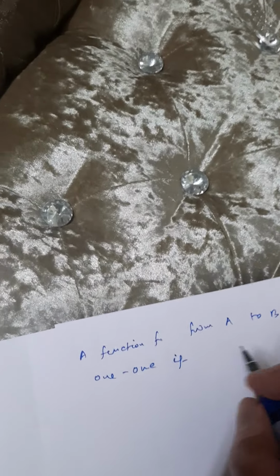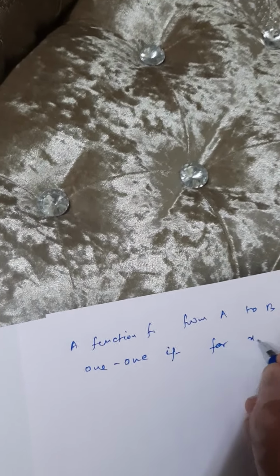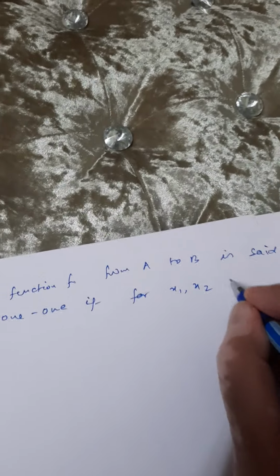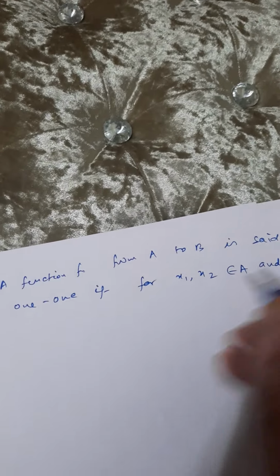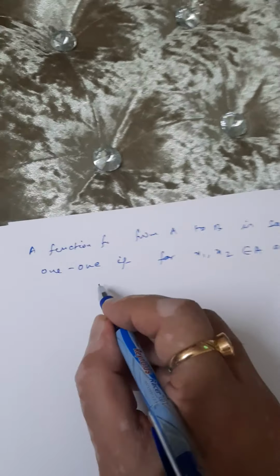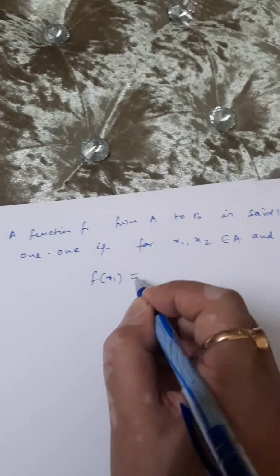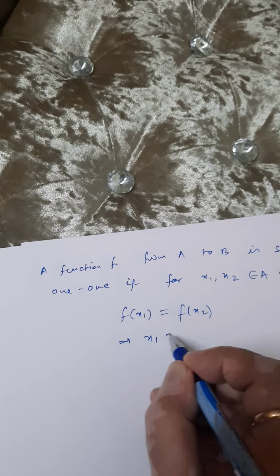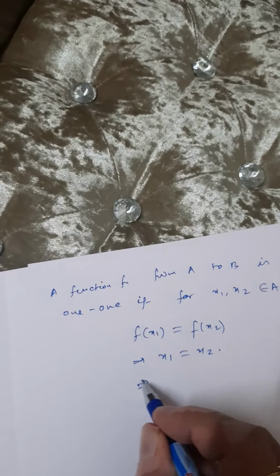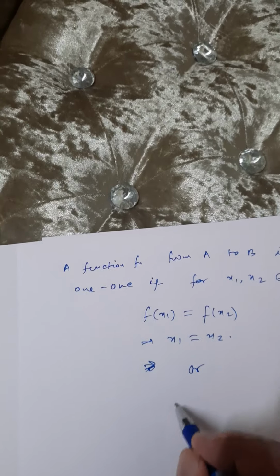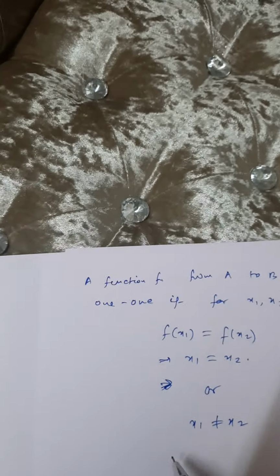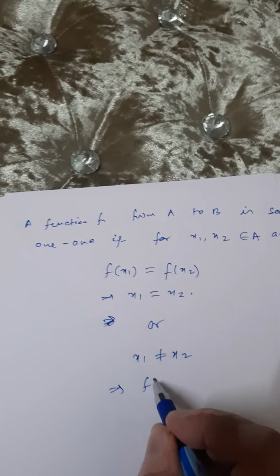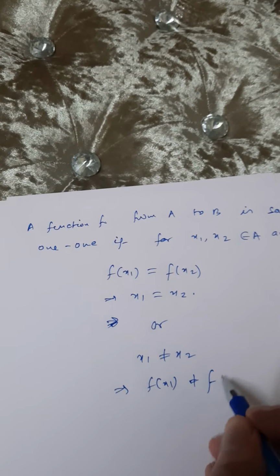if for all x1 and x2 in A, f of x1 equals f of x2 implies x1 equals x2. Or you can write, f is one-one if x1 not equals x2 implies f of x1 is not equals to f of x2.